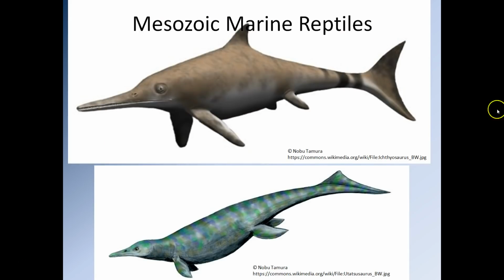You can see it has a tail for propulsion, fins for steering, and this long pointed face. Very, very large eyes for hunting prey, often in the deep, darker waters of the ocean. We believe they mostly ate animals like squid, which tend to live in deep, dark water. So they would have had to have very, very large eyes in order to be able to see at those depths.